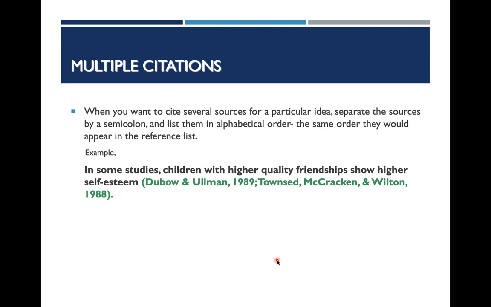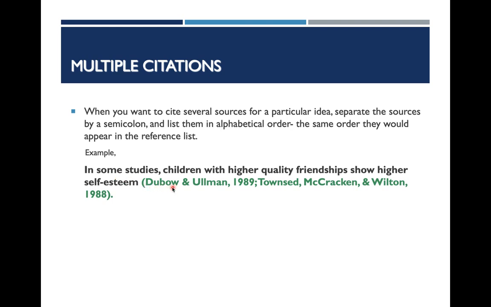Oftentimes, you might make a very general statement that has multiple sources of support. So here we have a statement: in some studies, children with higher quality friendships show higher self-esteem. I'm even mentioning here in the introduction to the sentence, in some studies, meaning more than one study. And so I want to cite all of those studies.